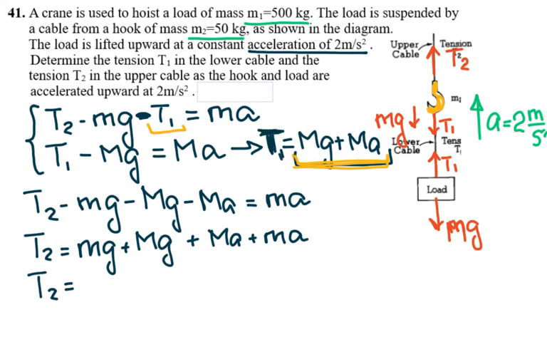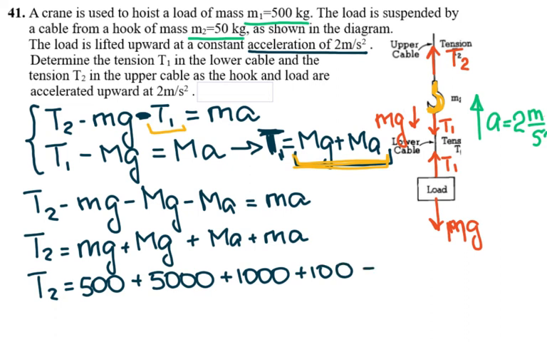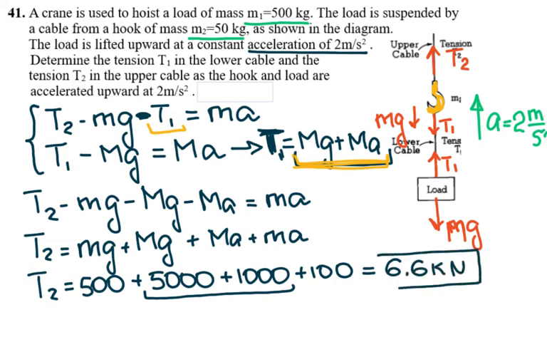Plugging in mg and mg, I have 500 for the hook, and then I have 5,000 for the mass, and then I have 2 times 500, which is 1,000, and then 2 times 50, which is 100. So that gives me 6,600, so 6.6 kilonewtons. So that's the force in T2.